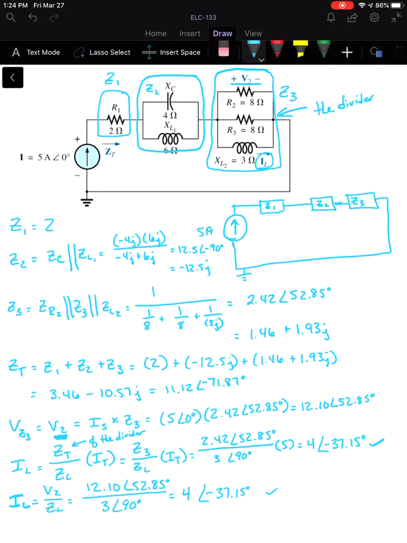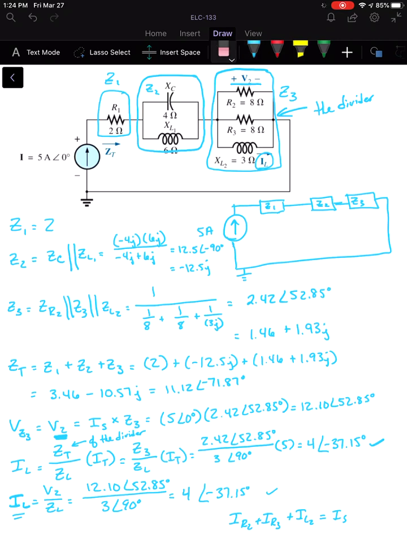Okay, so feel free to work out the rest if you want to. If you find the current through R2 and R3, for instance, keep in mind that IR2 plus IR3 plus IL2, which we just found here, should equal that source current, which is 5, right?